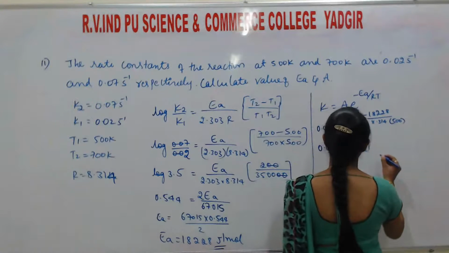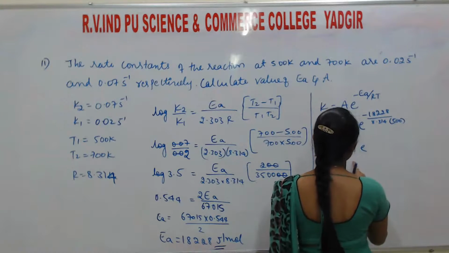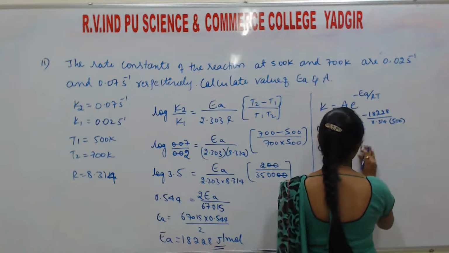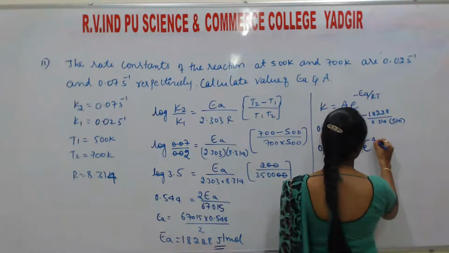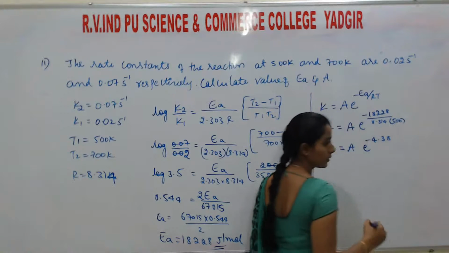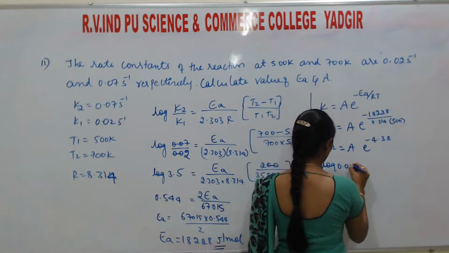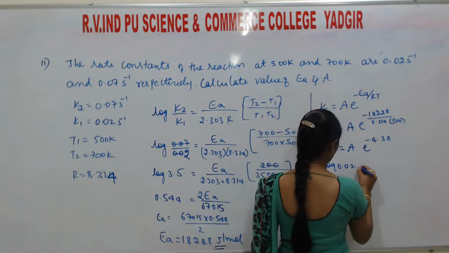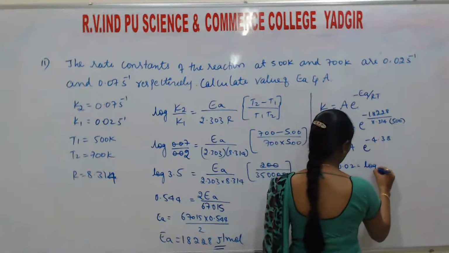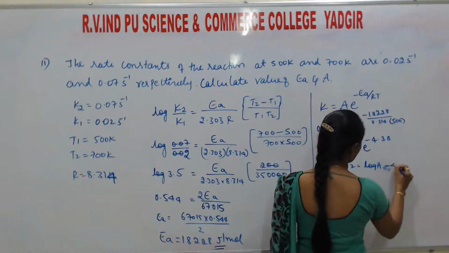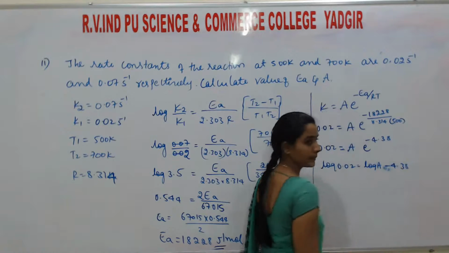So this one is taken as log A, into the power of minus 4.3. If you apply log on both sides, that is log 0.02 is equal to log A plus minus 4.3. Correct?